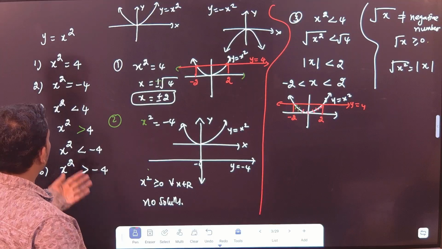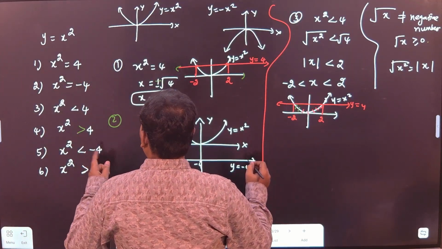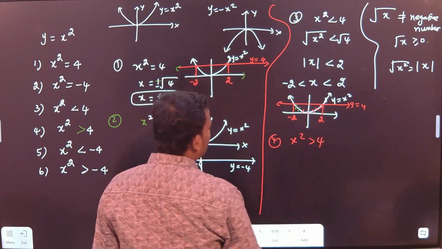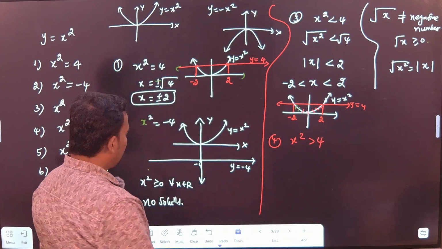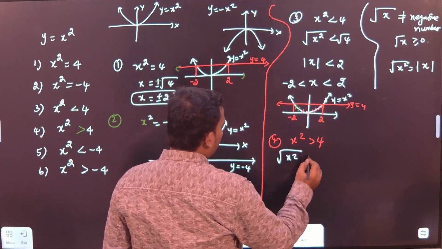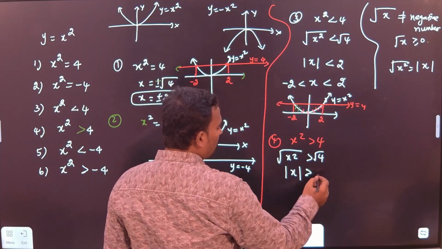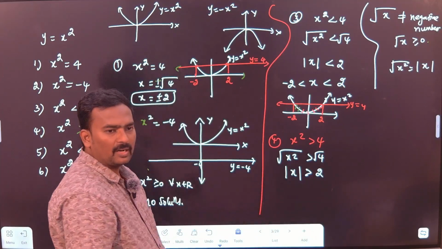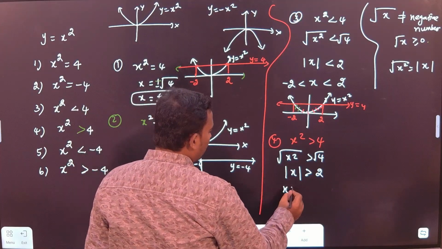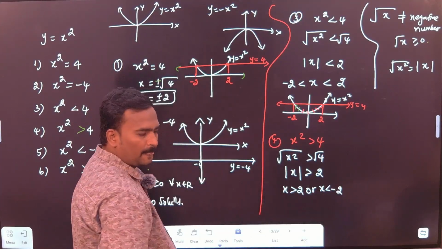Okay, let me take another one. The fourth one is x square is greater than 4. In the same way, you can take the square root on both sides. What will we get? Square root of x square is greater than square root of 4. The square root of x square is mod x. Square root of 4 is 2. So we already know that mod x is greater than 2 means x should be greater than 2 or x should be less than minus 2. Clear?